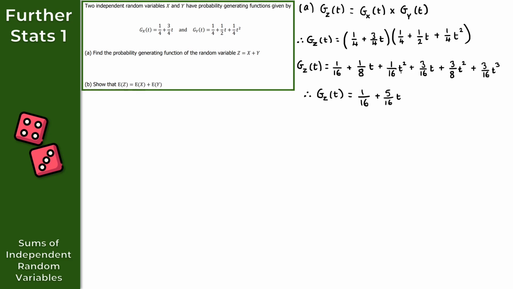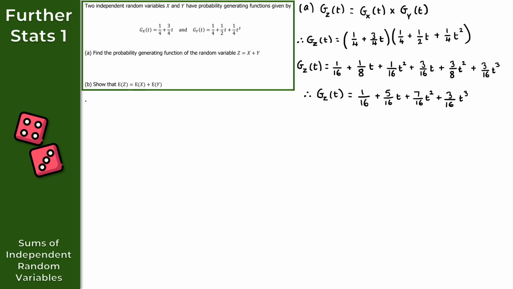We then have 1/16 t squared plus 3/8 t squared, which gives 7/16 t squared. And finally we've simply got this single t cubed term, 3/16 t cubed. And there we have it. Nice and straightforward. That gives us the solution to part A.